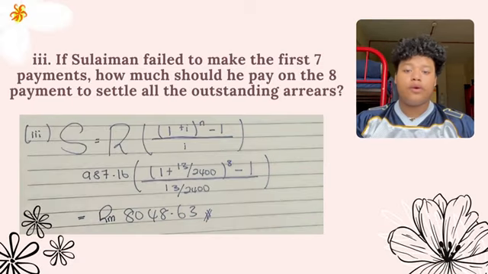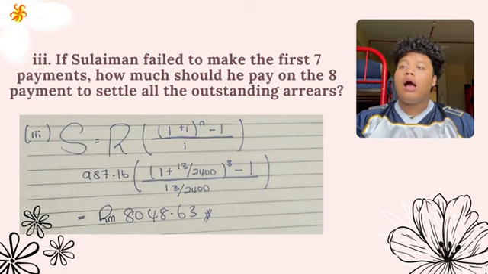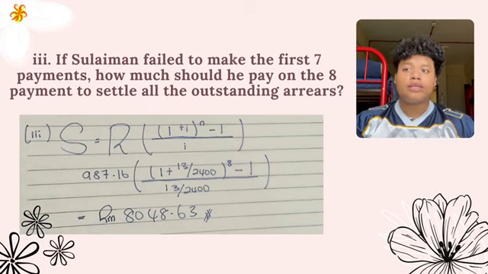For question 3, if Sulaiman failed to make the first 7 payments, how much should be paid on the 8th payment to settle all the outstanding arrears?